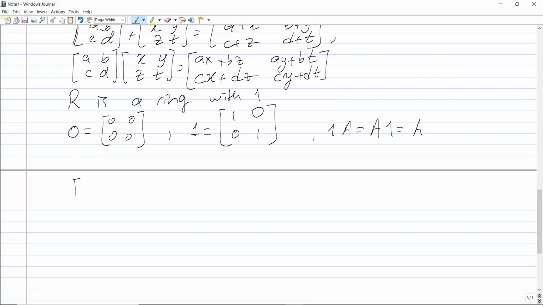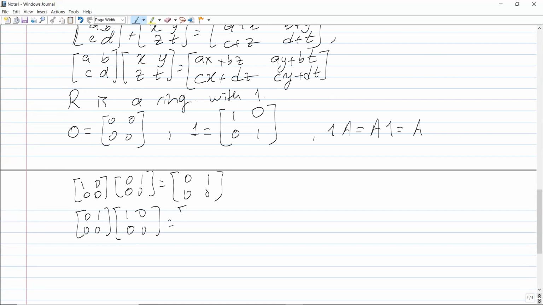For example, if you multiply (1, 0, 0, 0) with, let's say, (0, 1, 0, 0), it becomes (0, 1, 0, 0). But if you multiply from the other side and change the order, the product is (0, 0, 0, 0). So these two are not equal.